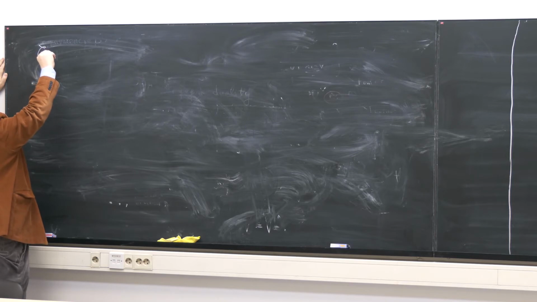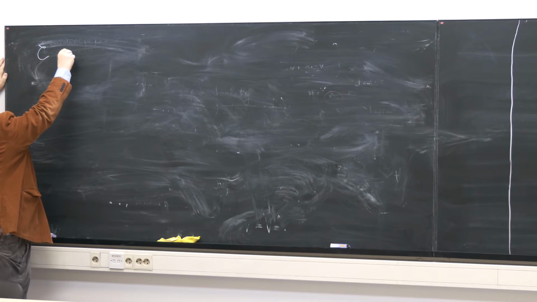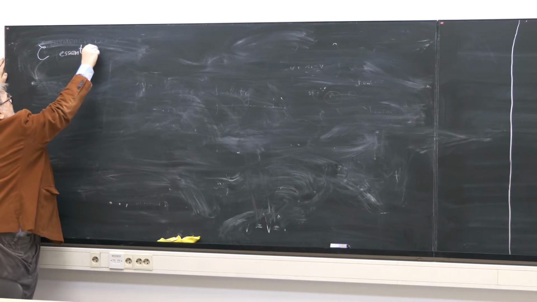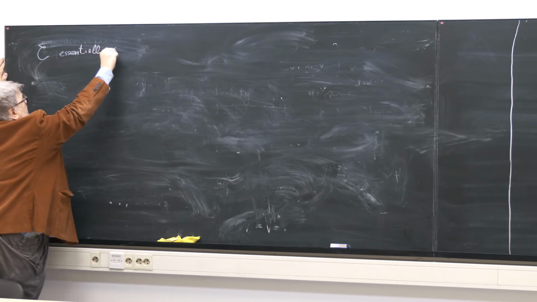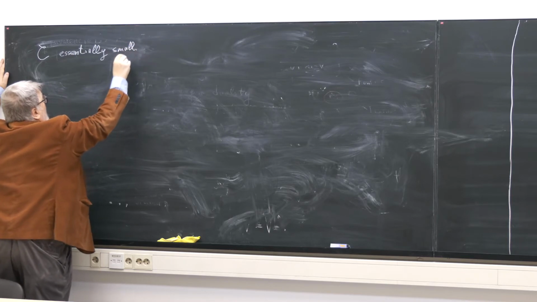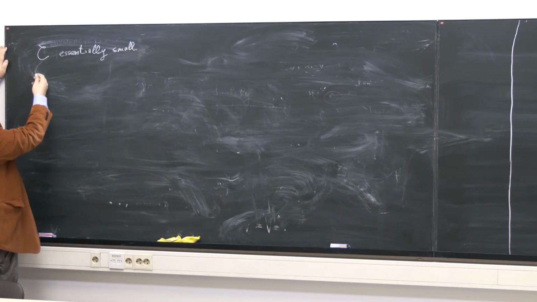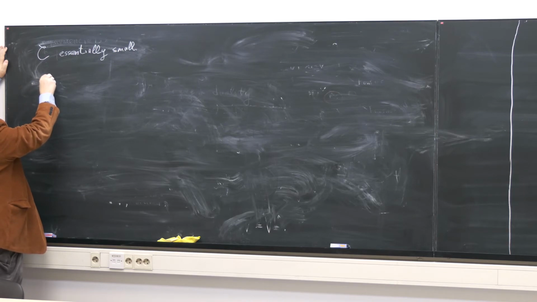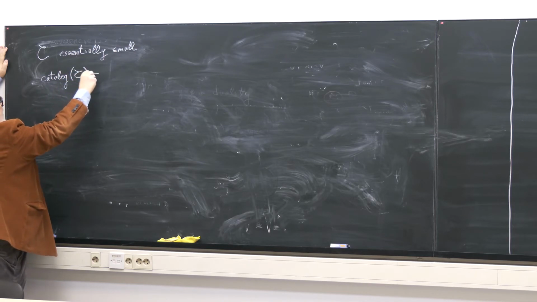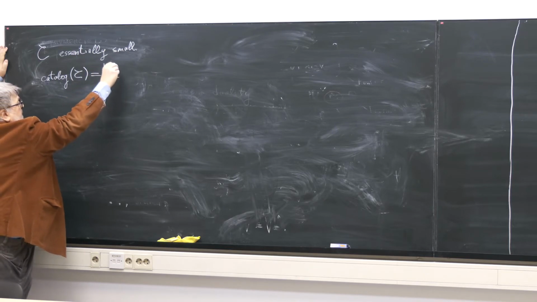So let C be essentially small, and as we have agreed, it means that it has a catalog, for which we are going to introduce now the notation.